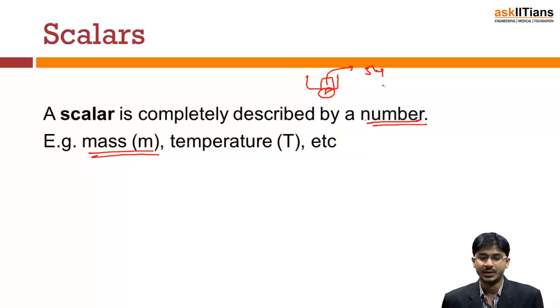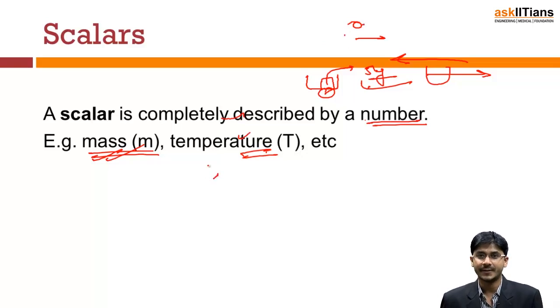Like mass m, if I weigh a particular mass on a balance and it's 5 kg here, it's 5 kg anywhere on the globe. Even if the temperature is high, it is 5 kg. Even if it's moving along the east direction, the weight will be 5 kg. If it's moving along the west direction, the weight is 5 kg. The mass I am talking about is 5 kg. So it's not changing.